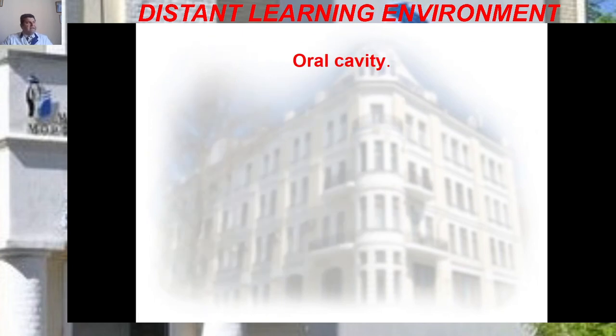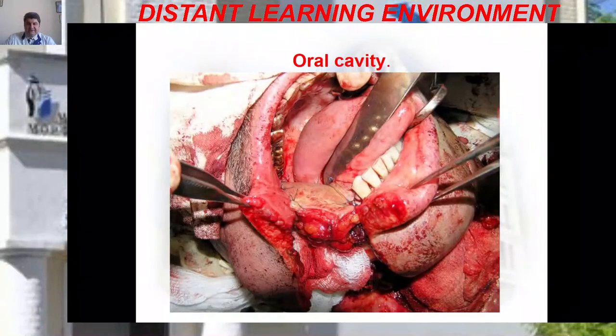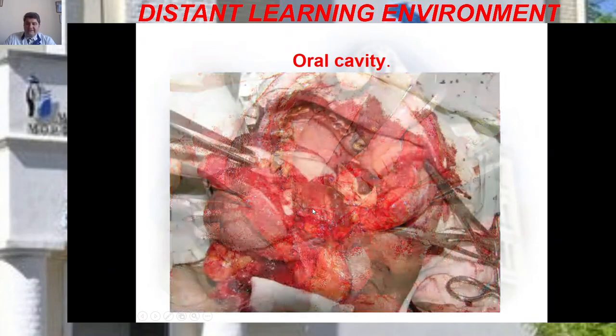So after this, I want to tell about the common anatomy of the digestive system. So first, let's talk about the oral cavity. You may see the operation after trauma of the cheek and the lateral wall of the oral cavity.